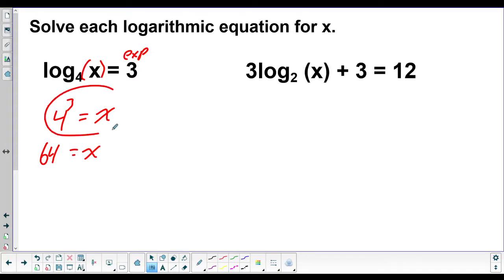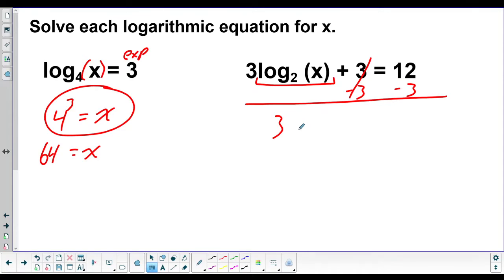So sometimes we just rewrite it as an exponential, and then it's pretty easy. This one, our log is not isolated yet. So what we can do is we're trying to get this by itself. So let's get rid of this plus 3. Let's subtract 3 on both sides. That's good. So we have 3 times the log base 2 of x equals 9.